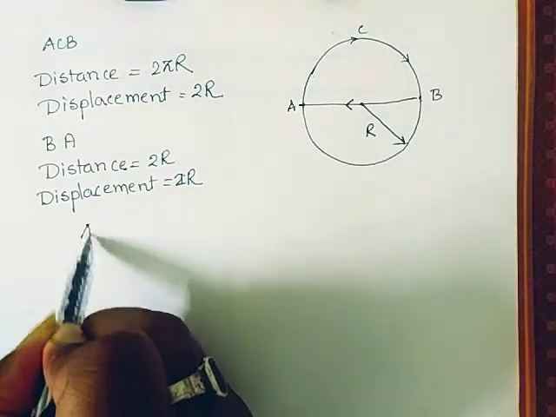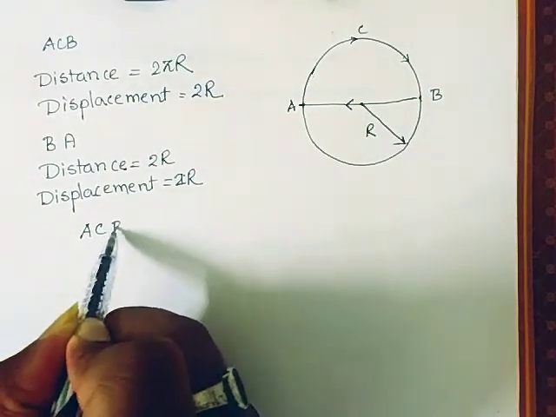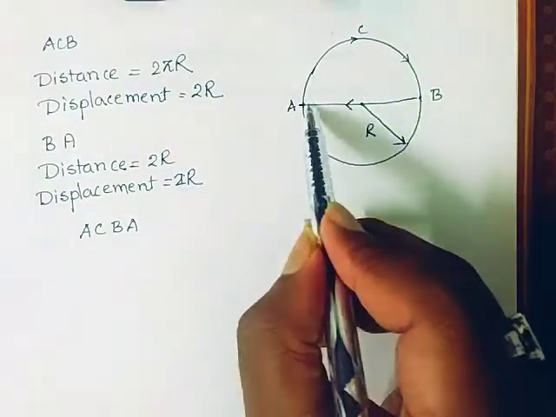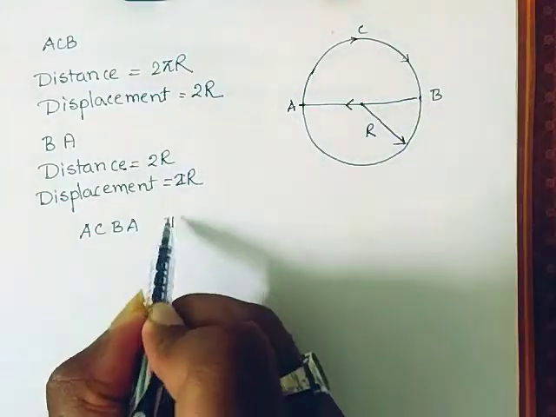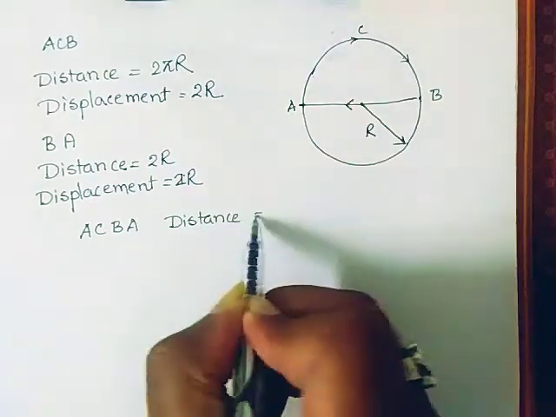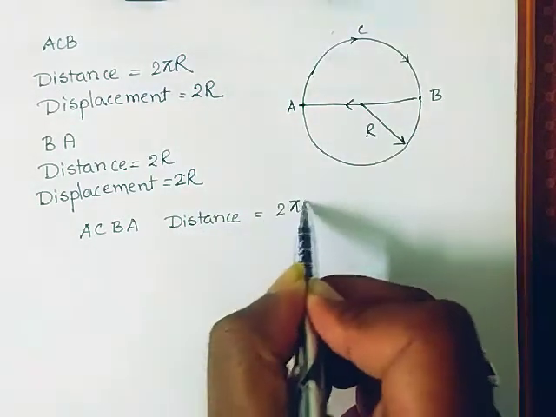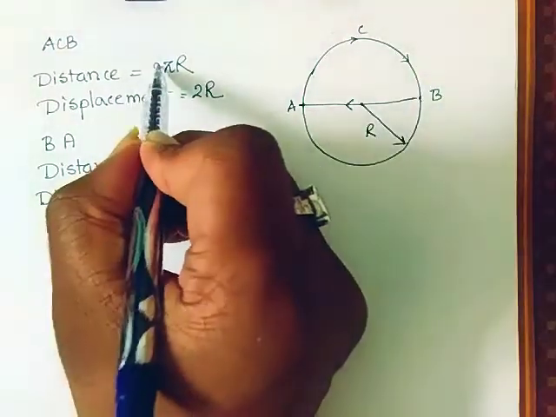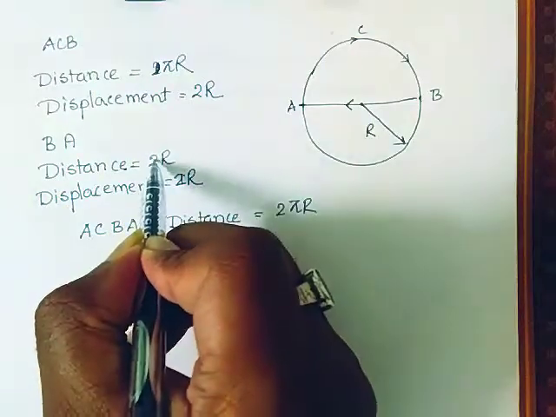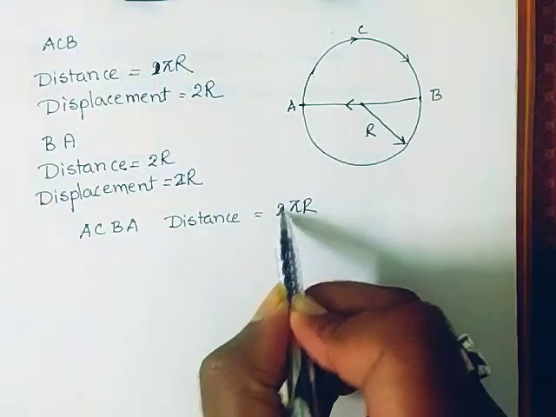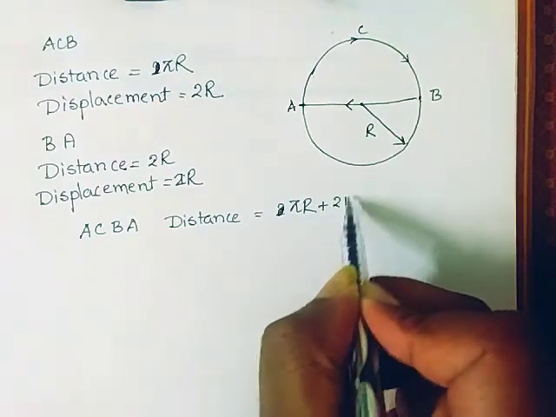Now if I follow the total path A, C, B, A, from A to C, then again to B, then again returns to A, at that time the distance is, sorry, this is pi r, not 2 pi r, so it is pi r plus 2r.